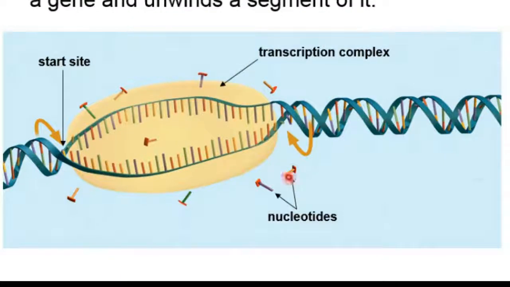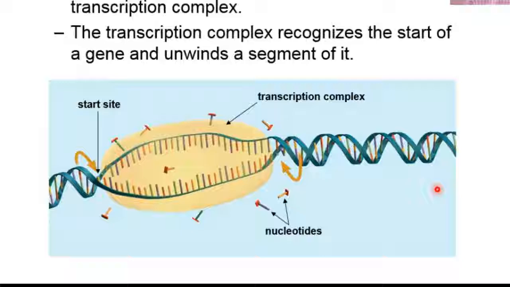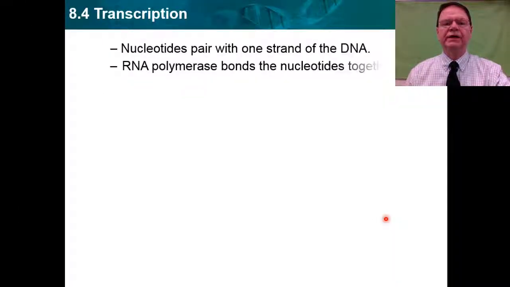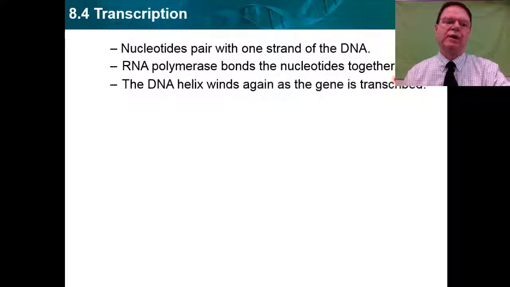There are free nucleotides that are going to float around in the nucleus, where these will be used in the production of RNA. Now, nucleotides pair with one strand of the DNA, and then the RNA polymerase bonds these nucleotides together. Recall that the backbone of DNA consists of covalent bonds. That's also true in the RNA molecule as well.